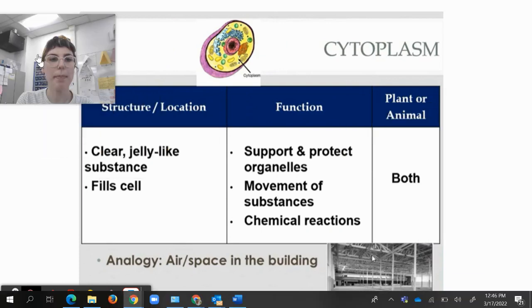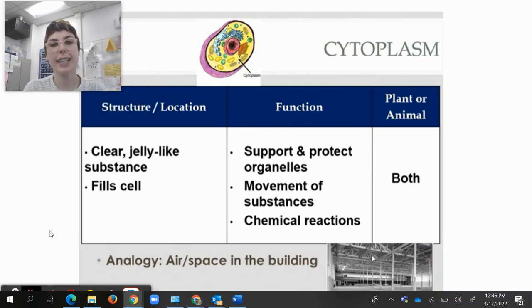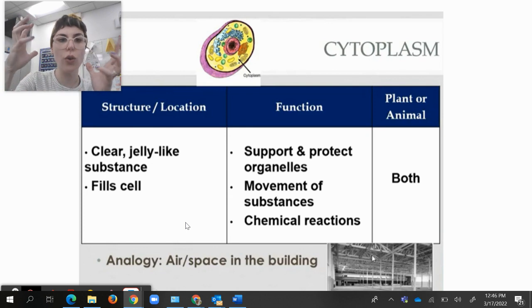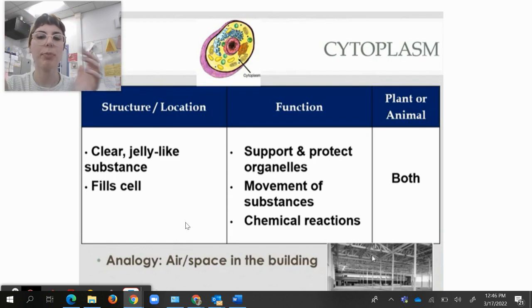Okay, so now let's talk about the cytoplasm. The cytoplasm is the jelly-like fluid, so that yellow stuff you're seeing right here, that all the other organelles are floating around in. It's a clear substance and it fills the whole interior of the cell, and it provides support for all the organelles to float in. It's found in both plant and animal cells.